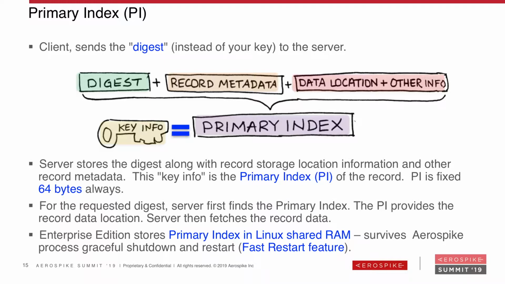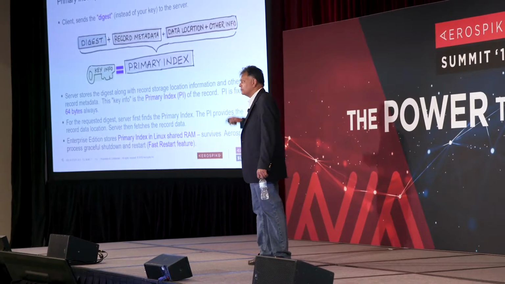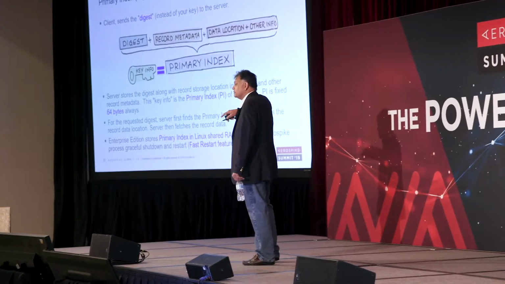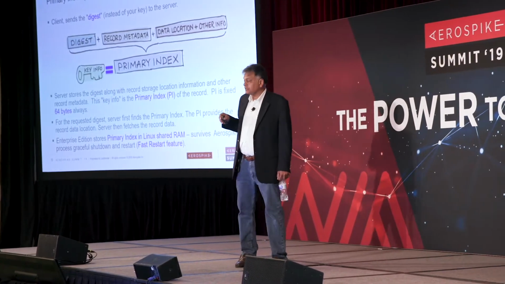So for any requested digest, the server will first find the primary index. Okay? So there is arbitrary information in the primary index that helps us find the primary index in RAM first. And once we find the primary index, we know the information about the record, plus we know the data location, right?